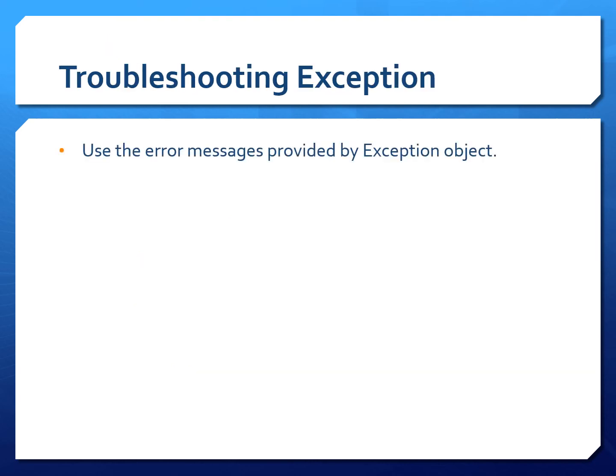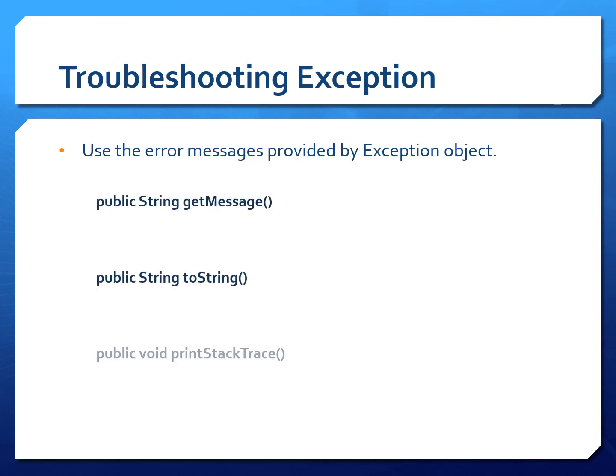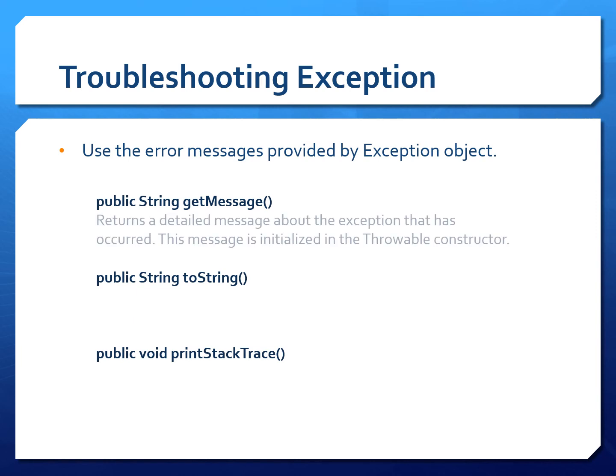The Exception object provides 3 methods for troubleshooting during development. The 3 methods are getMessage, toString, and printStackTrace. The getMessage method returns a detailed message about the exception that has occurred.